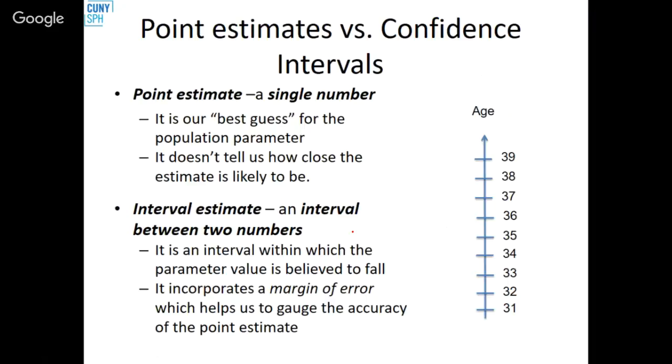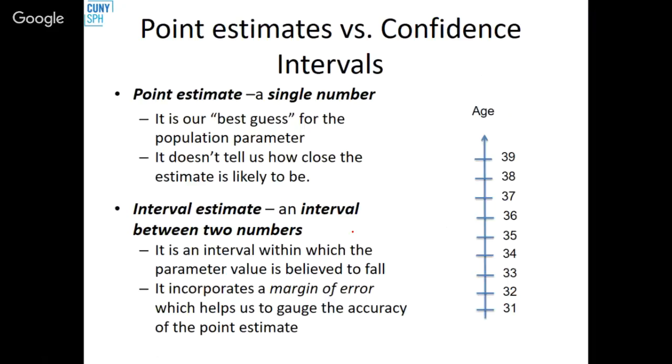If we were to make our best guess at the population average serum cholesterol, we would use that mean of the sample, since we know that on average, the mean of the sampling distribution, so the mean of the samples repeated many times, is the same as the mean from the population. But it doesn't tell us anything about how close we expect that to be.